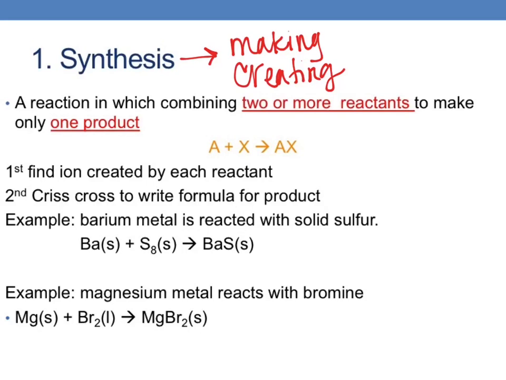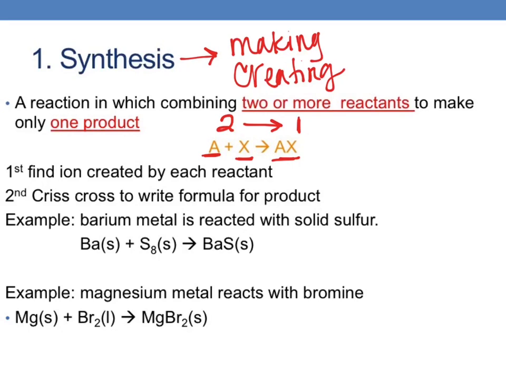Okay. So what happens here is we have 2 reactants. All right, we have reactant A and reactant X. There's 2 of them, and it makes one product, AX. So what we're going to find out is that your reactants are in their elemental form most of the time, okay? And they come together and they make your compound.